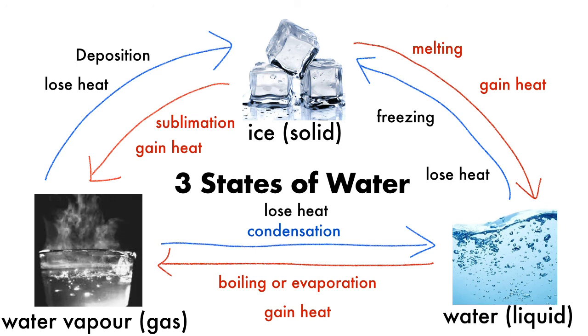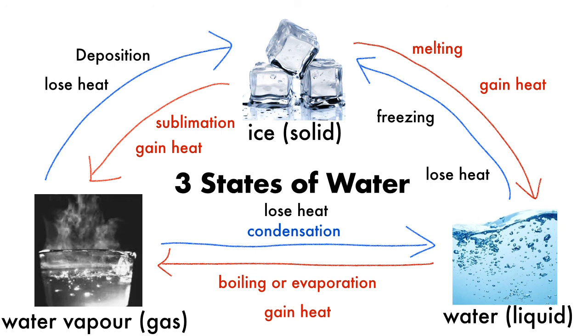When solid ice gains heat to a certain temperature, melting takes place and the solid ice is melted to give you liquid water. When the liquid water loses heat, when it's put into the refrigerator and reaches a certain temperature, the freezing process takes place and the water freezes into ice. Same thing, when liquid water is heated, it gains heat and evaporation takes place, but when it reaches a certain temperature, like the boiling point, 100 degrees Celsius, boiling will take place.